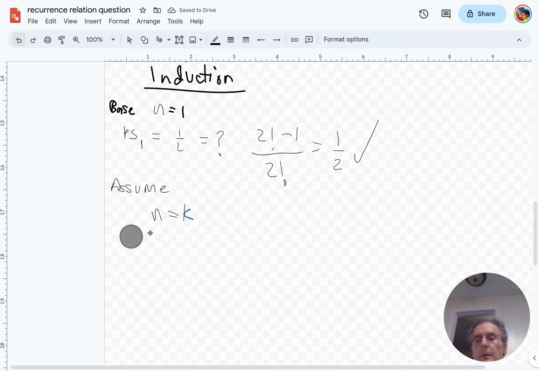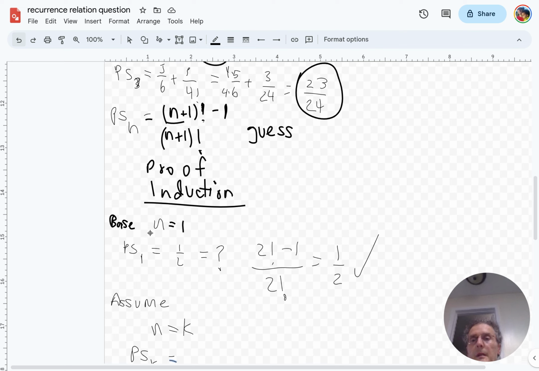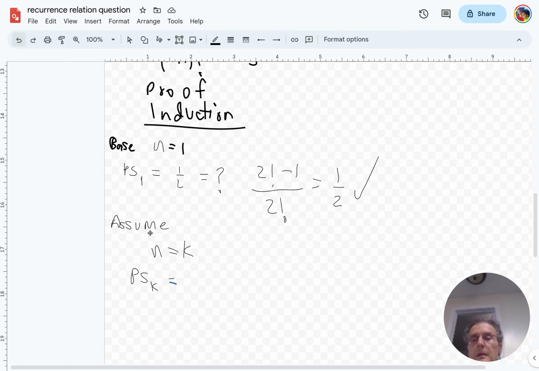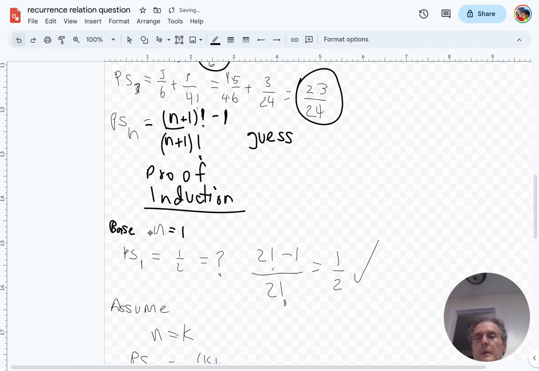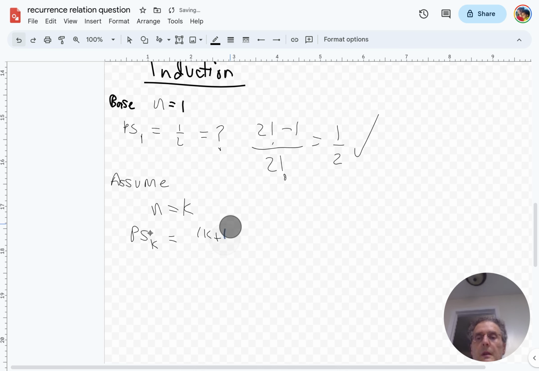So the partial sum at k, we have to assume that it's equal. The partial sum at that point is exactly what our guess is: k plus 1 factorial minus 1, over k plus 1 factorial.